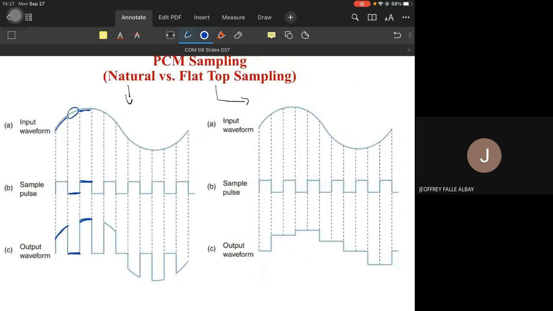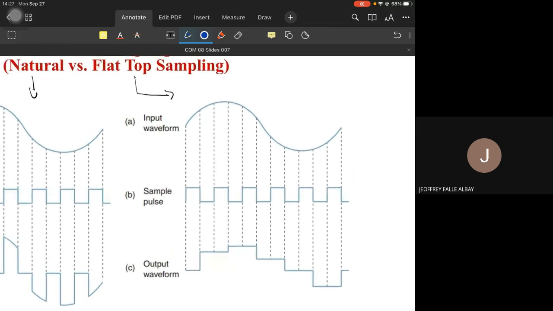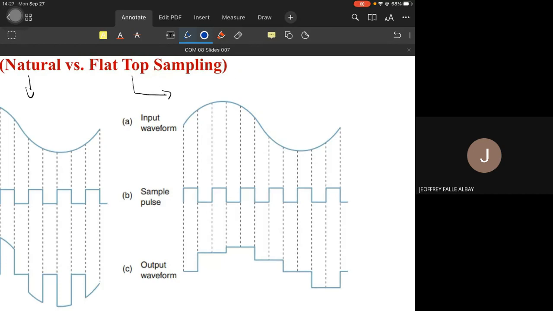And it's not really that useful to be converted to PCM codes. So for PCM sampling, we should use flat top sampling. For a period, let's say for example, how many are there? 1, 2, 3, 4, 5, 6, 7, 8, 9, 10, 11, 12.